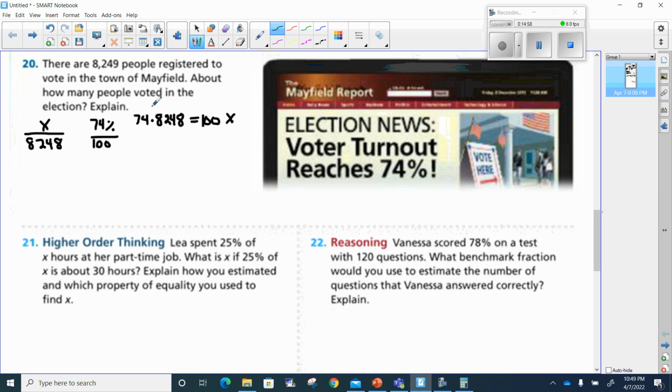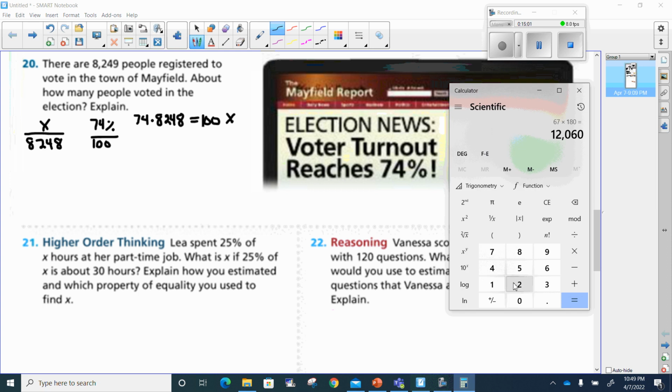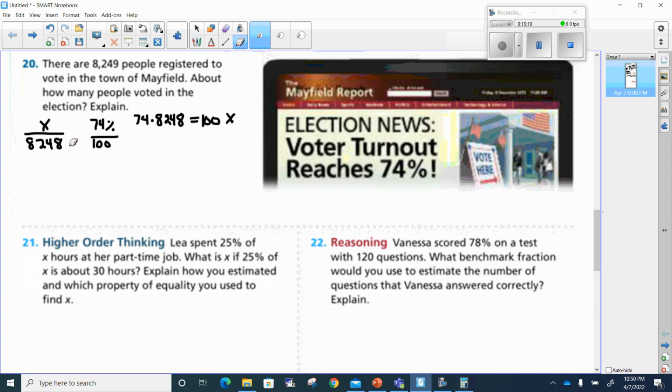Well, let me find out what 74 times 8,248 is. I'm sorry, that should have been 49. I didn't see that. We're going to have to tweak this a little. Let's see, 49. So let's redo that again.